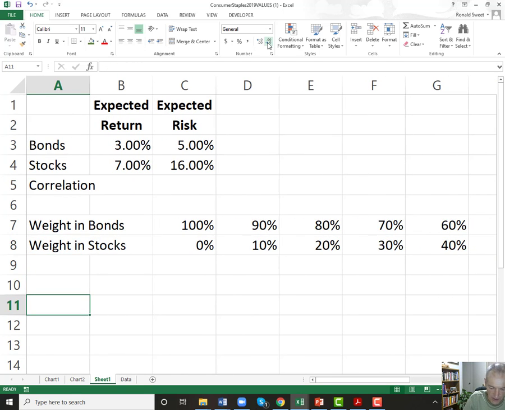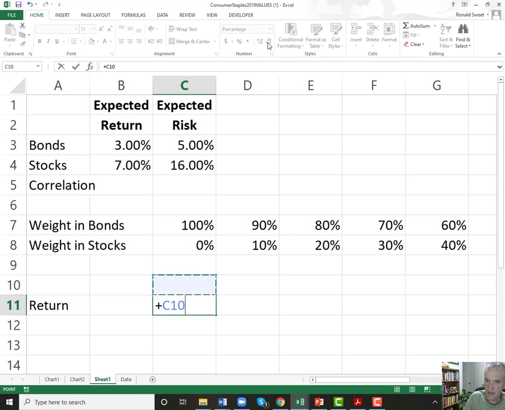So what we want to do is, what is the return of this portfolio? Well, obviously, if we have 100% in bonds, it gets really easy. We just take the expected return on bonds, I'm going to lock that in with the dollar signs, times our weight on bonds, plus the return on stocks, locked in, times the weight in stocks. Obviously, that's going to be 3% because we have everything in bonds.